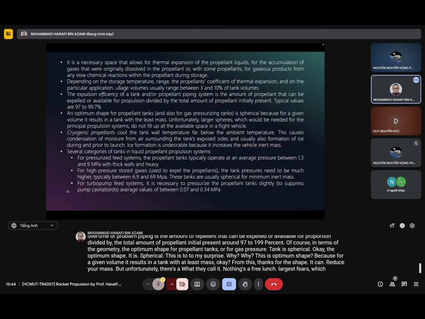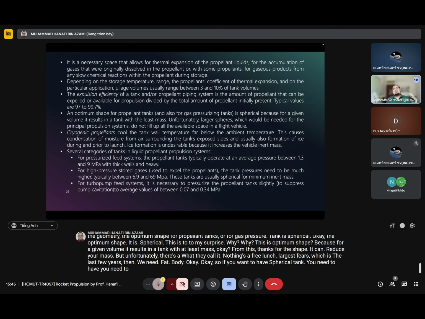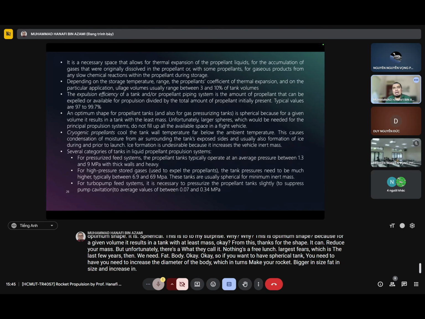Large spherical tanks need a fat body. If you want a spherical tank, you need to increase the diameter of the body, which in turn makes your rocket bigger, fat in size, and increases aerodynamic drag.